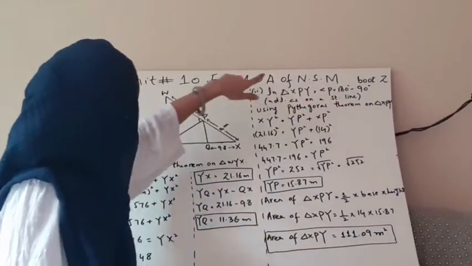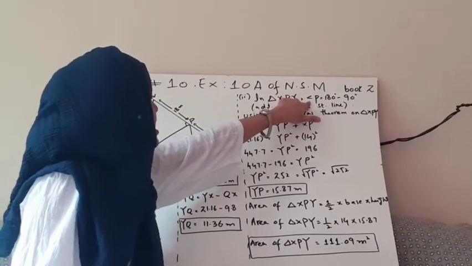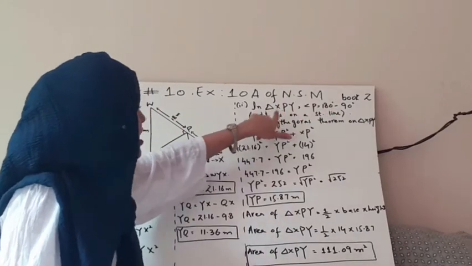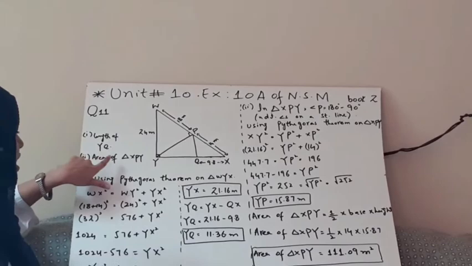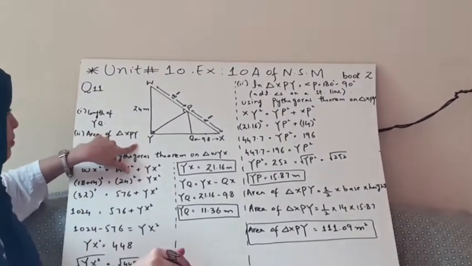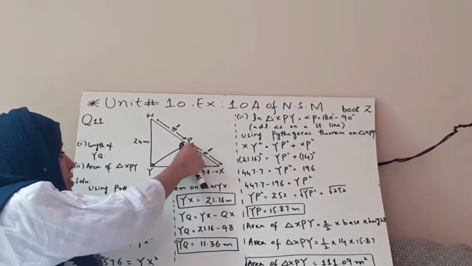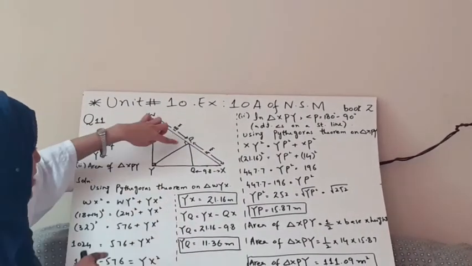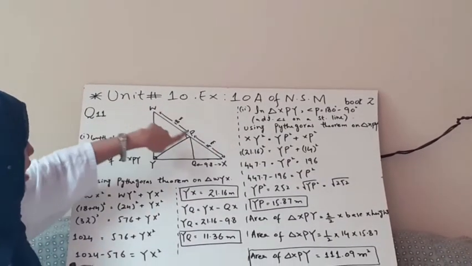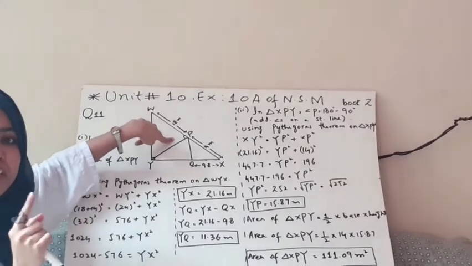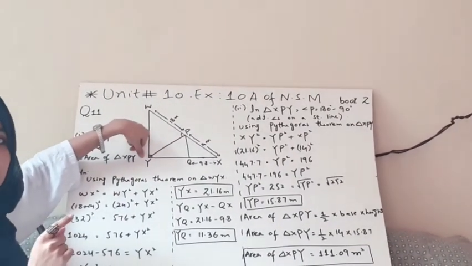Let's move here. In triangle XPY, angle P equals 180 degrees minus 90, adjacent angles on a straight line. You can see we have to find the area of this triangle XPY. Angle P is at 90 degrees, but on this straight line, you know the angle of a straight line is 180 degrees, and the angle adjacent to it at Y is 90 degrees.